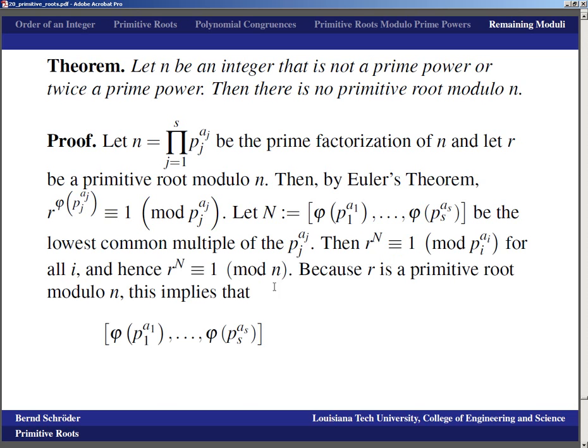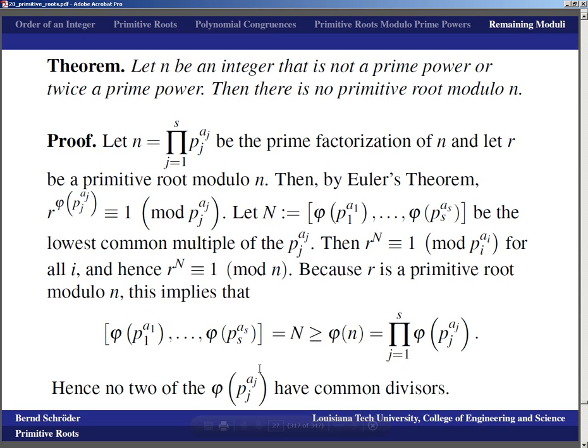because if every one of these pi^ai divides this difference, then n divides this difference also. But r is a primitive root modulo n, which means that this number, capital N, would be greater or equal than phi(n), and phi(n) is the product over j equals 1 to s of phi(pj^aj), and that means that no two of the phi(pj^aj) have common divisors, because as soon as they have that, a factor from here would not occur in the lowest common multiple over here.